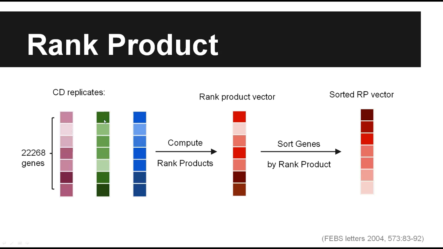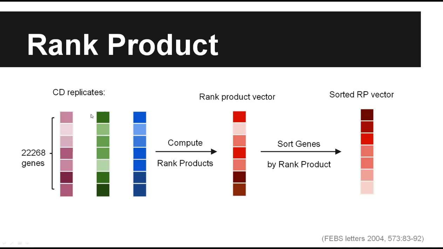You sort the genes in this replicate by their squared component value from large to small, and sort the genes in this replicate by their square from large to small. And then each gene will have 3 ranks in these 3 replicates.